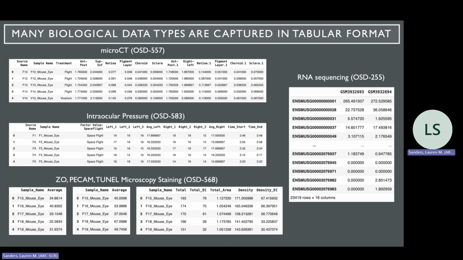And we've also seen how RNA sequencing data, along with a lot of other genomics data, is commonly captured in a tabular format, with each value representing the number of copies of each gene that was being expressed in each sample.